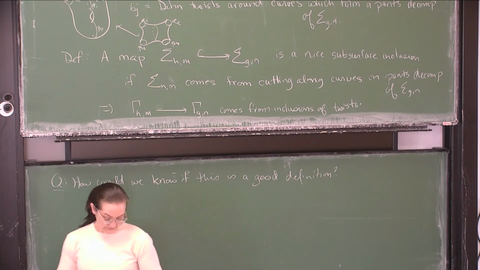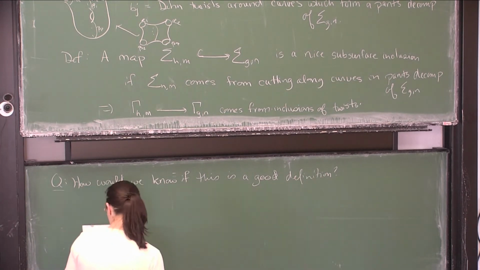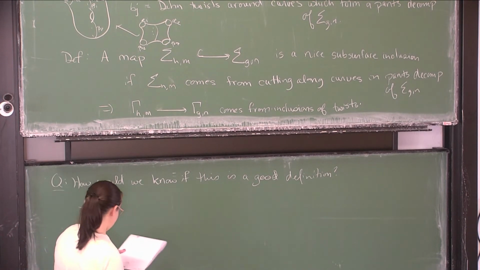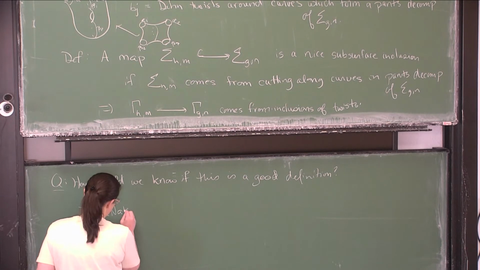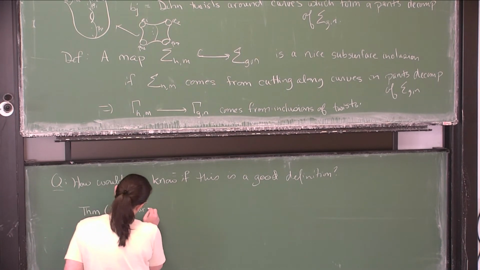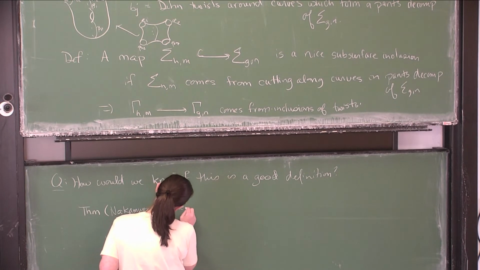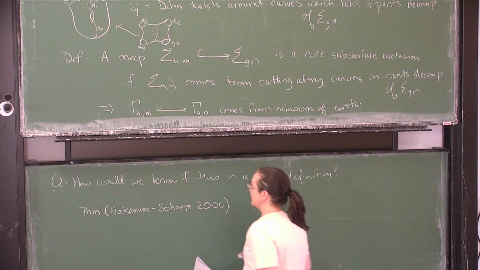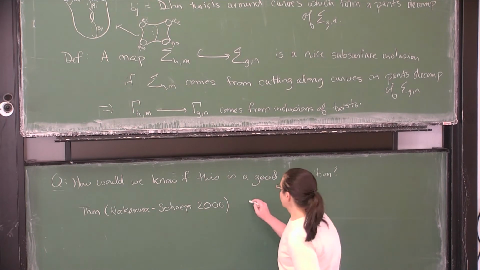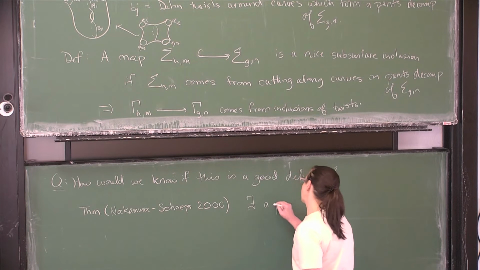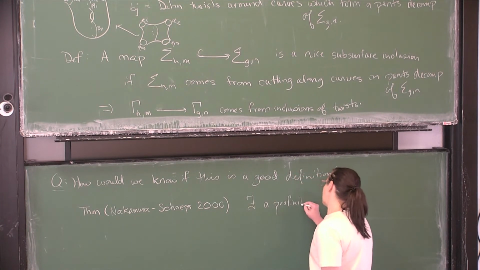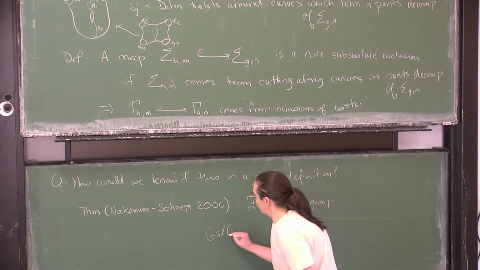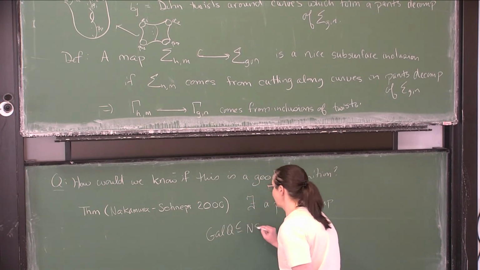In this paper and others, I'll be focusing on a theorem from also 2000, which basically says that there exists some profinite group which contains the absolute Galois group, and I'm calling it NS.